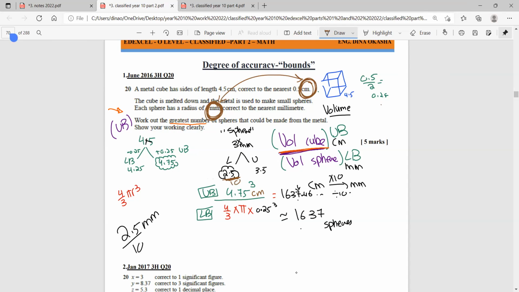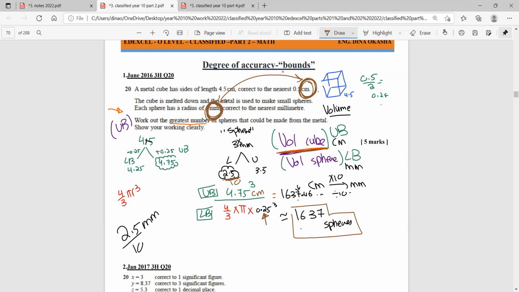Since the question says greatest number, it's upper bound. Since this is division, as we said earlier, one upper, one lower: the one on top is upper and the one on the bottom is lower. Upper cube over lower sphere. Watch out for the millimeter part. Of course, I got this non-terminating decimal. I rounded to the nearest unit to find the number of spheres that we can make from this cube. Okay? I hope you all understood.